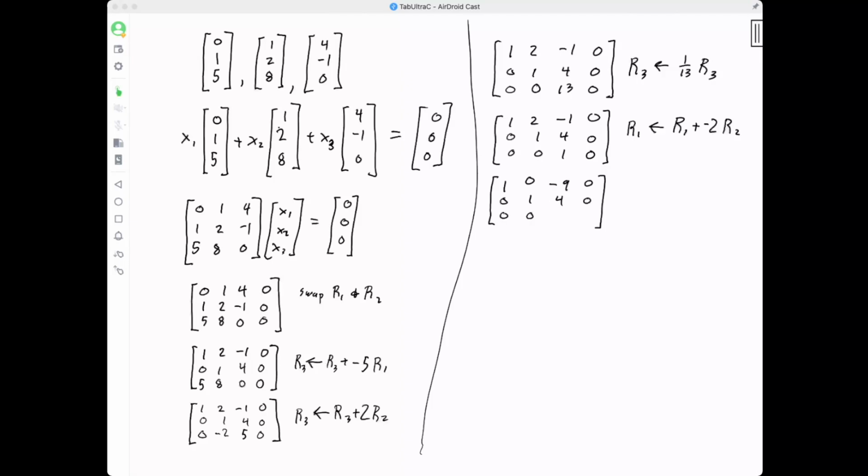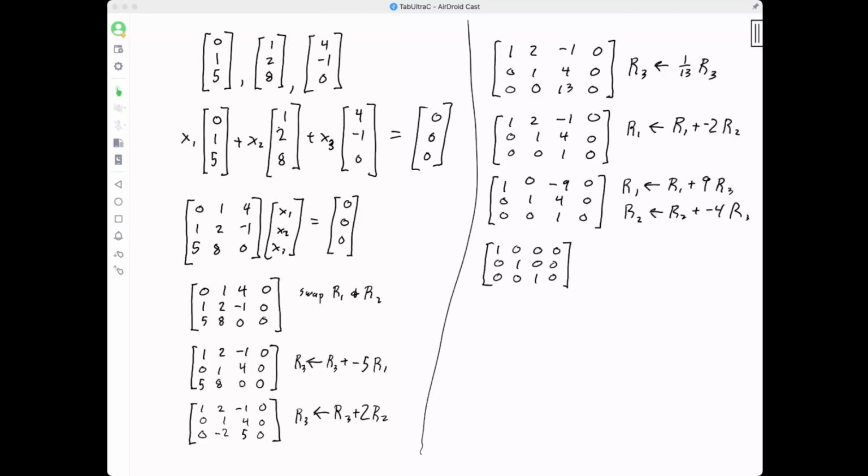Now I need to zero out the third column in rows 1 and 2. Row 1 becomes row 1 plus 9 times row 3, and row 2 becomes row 2 plus -4 times row 3, which gives me 1, 0, 0, 0, 0, 1, 0, 0, 0, 0, 1, 0.